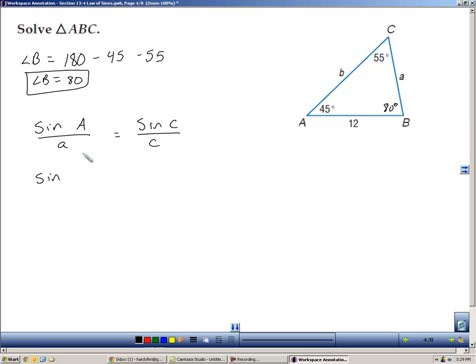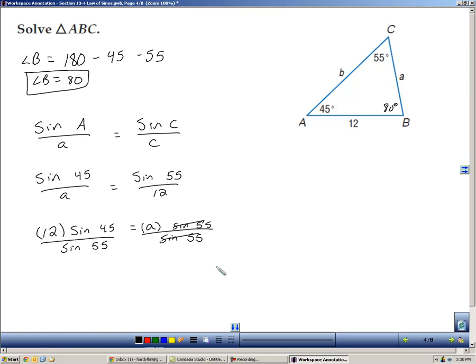So we're going to say the sine of 45 over A equals the sine of 55 over 12. And now this is just a proportion. I'm going to solve it using cross multiplication. So here we end up with A equaling 12 times sine of 45 over sine of 55. These are just numbers, so plug them into a calculator. And we'll round to the nearest tenth, so we'll say that A is approximately 10.4.